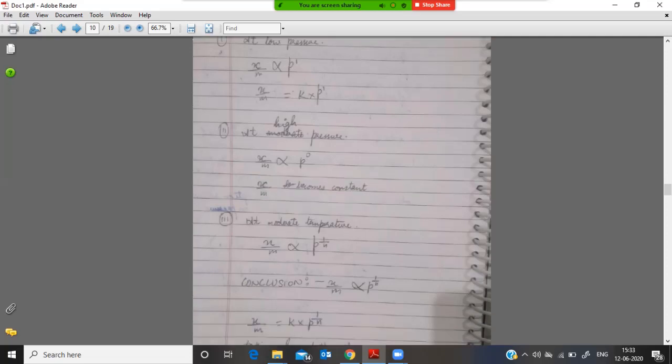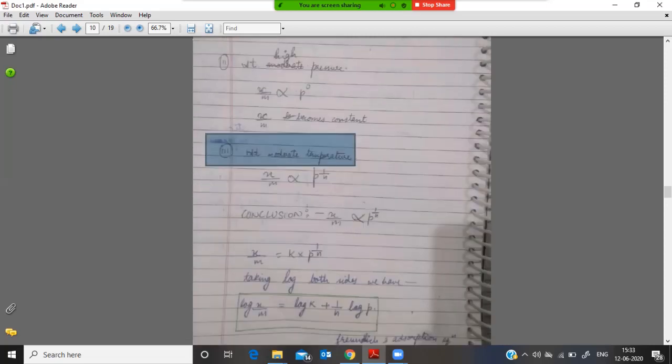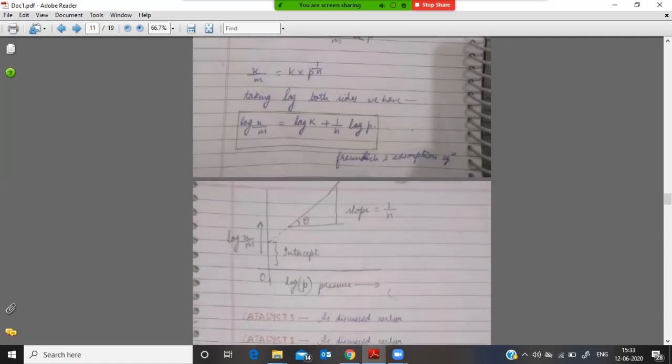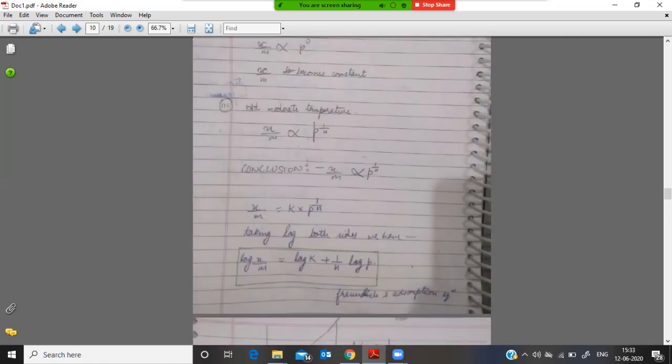Third point that is highly important: at intermediate pressure, we see 1 by n lies between 0 and 1. That is, x by m is proportional to p to the power 1 by n.